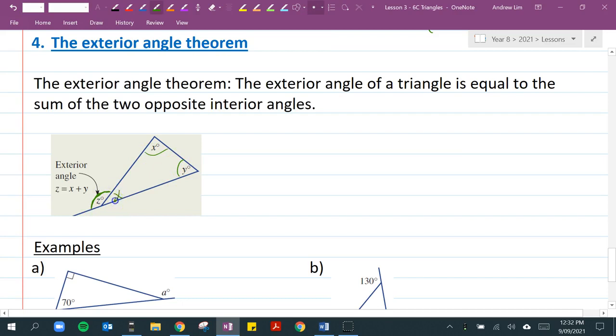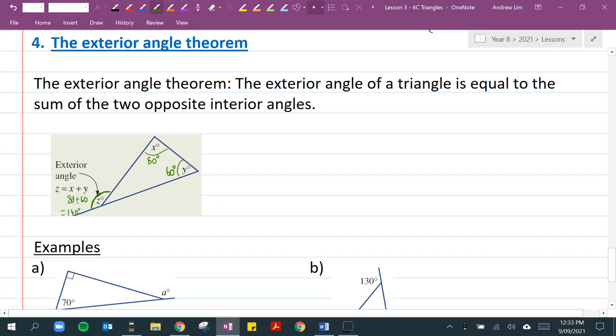So never this one, never that one. Just add the two interior ones, and that will give us this one. So if this was 80 degrees and this one was 60 degrees, Z is 80 plus 60, which is 140 degrees.